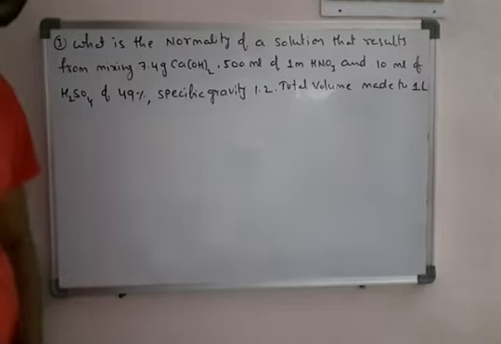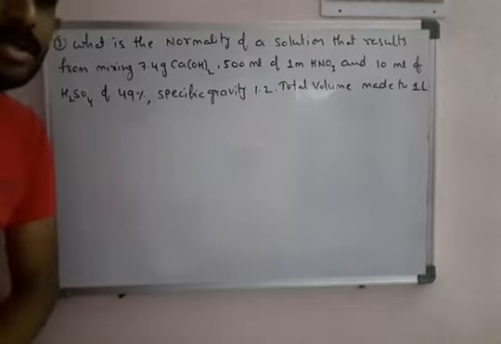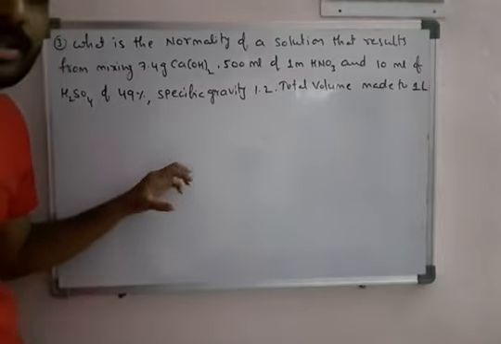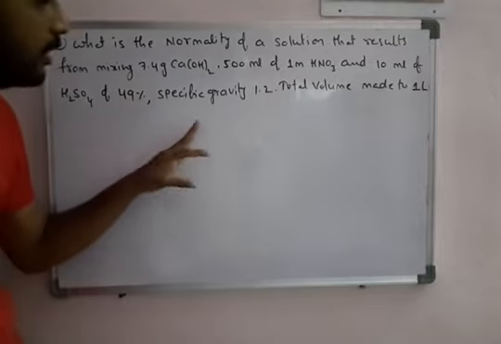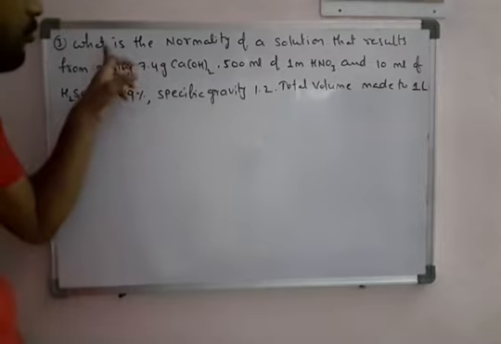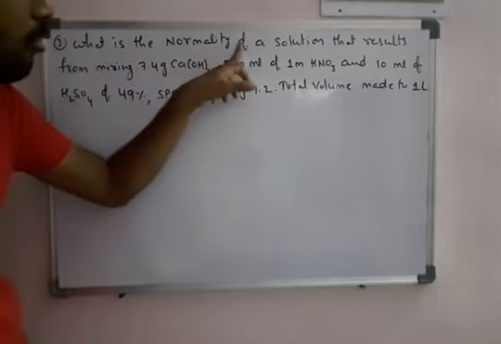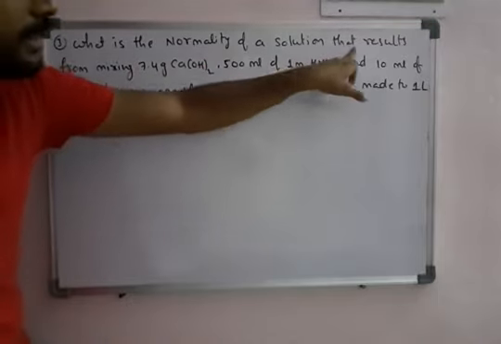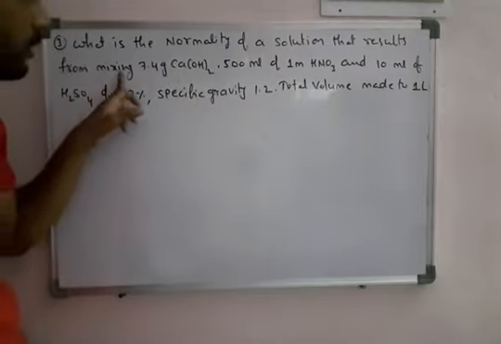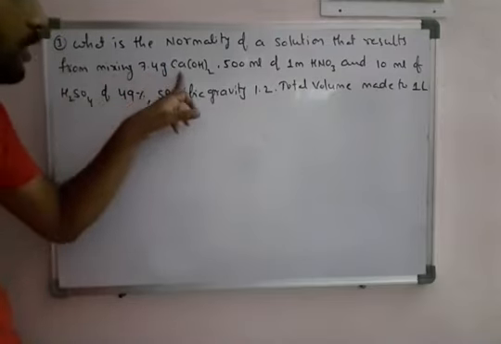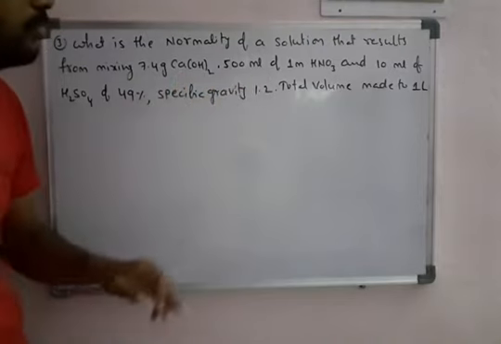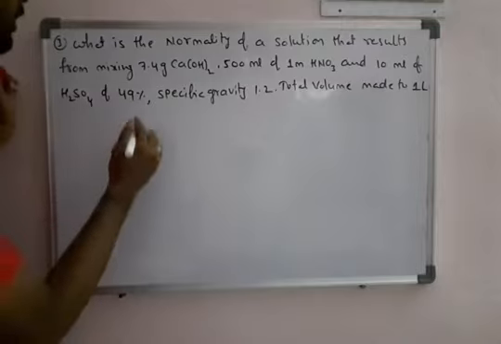See the next one. Which is also similar to the earlier one, but here the information given is somewhat different. We need to find the normality of a solution that results by mixing 7.4 grams of calcium hydroxide, 500 milliliters of 1 M HNO3.